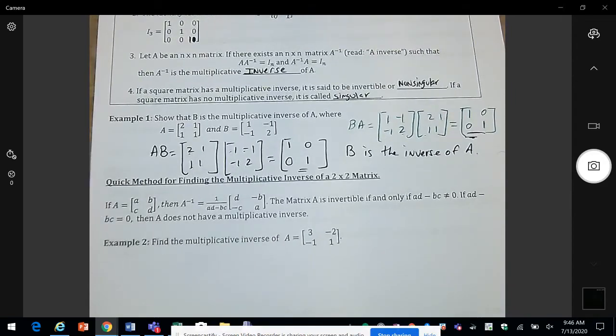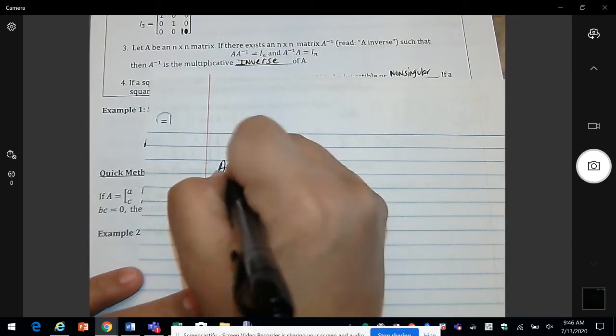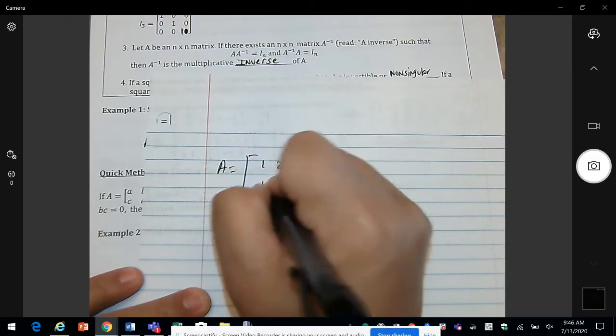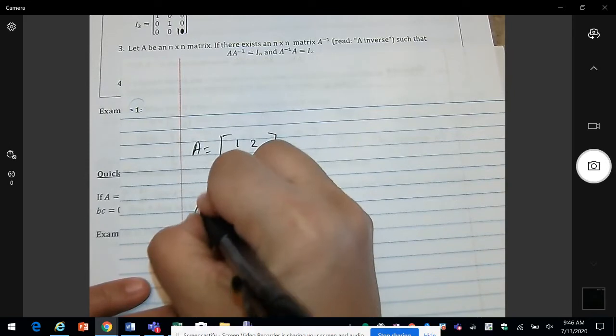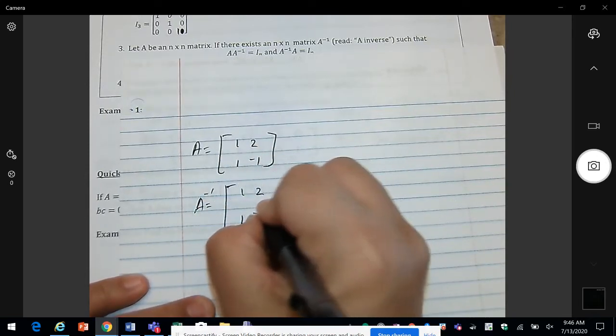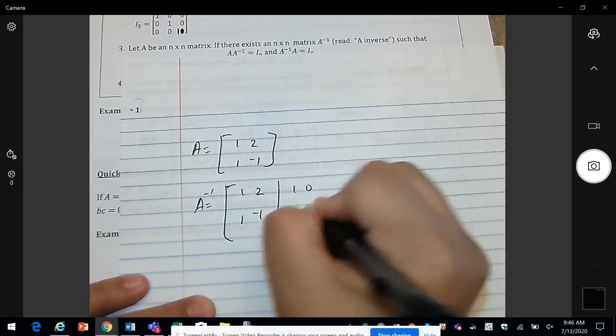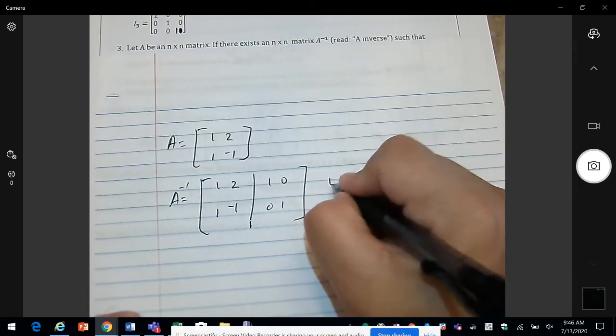Okay. So there are two ways to find the inverse of a matrix. One way is to take a matrix, for example, if I had 1, 2, 1, negative 1, and attach the identity matrix and use row operations.